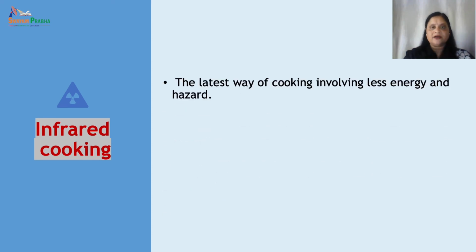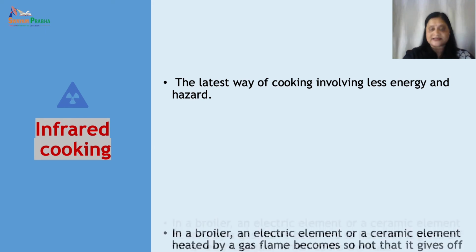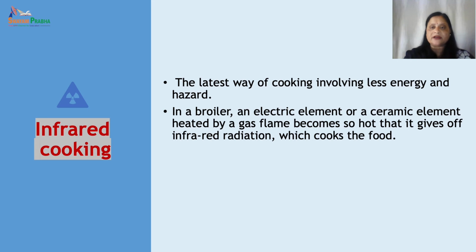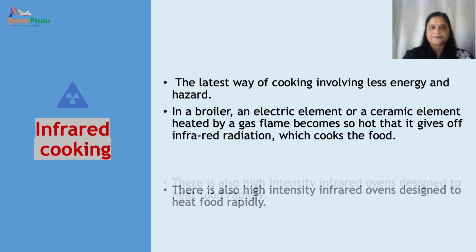Infrared cooking is the latest way of cooking involving less energy and hazard. In a broiler, an electric element or a ceramic element heated by gas flame becomes so hot that it gives off infrared radiation which cooks the food.